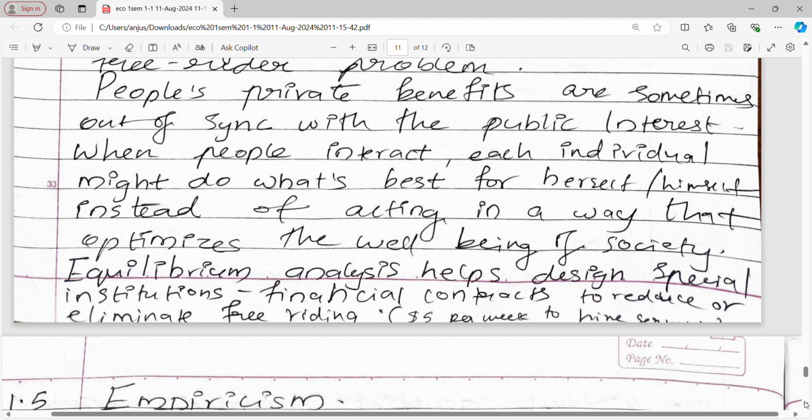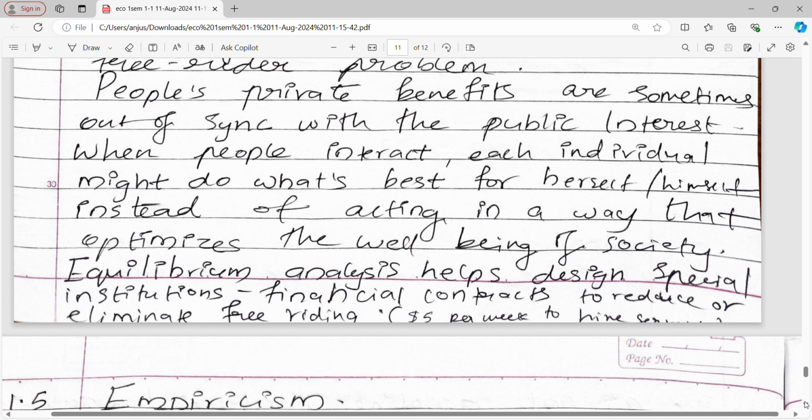Some of the people who are enjoying these facilities might not have paid tax, might have done something illegal, but they are also enjoying these facilities. So when people interact, each individual might do what's best for herself or himself instead of acting in a way that optimizes the well-being of society.